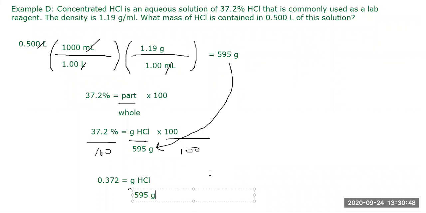I multiply both sides by 595, so 0.372 times 595 with 3 sig figs in your final answer. You should get 221 grams is your final answer, which is equal to grams of HCl in the solution. That's how you solve example D from lecture slide number 75.